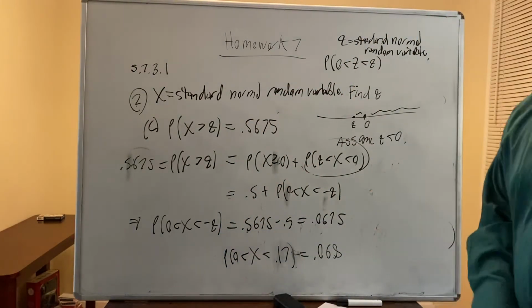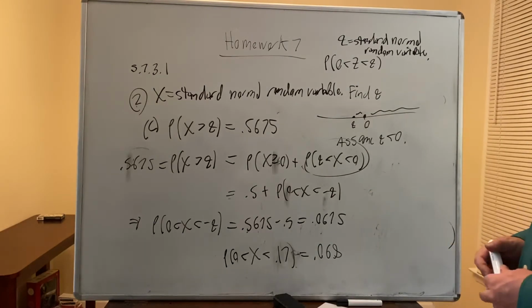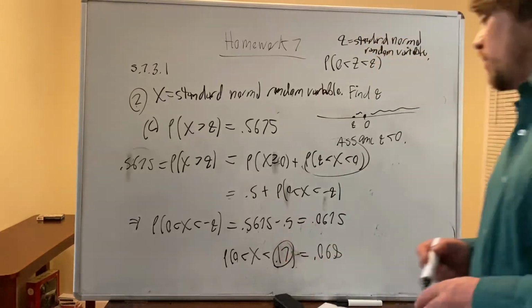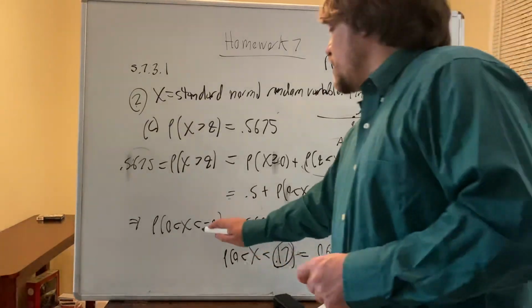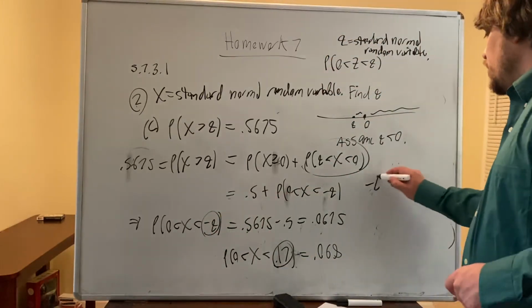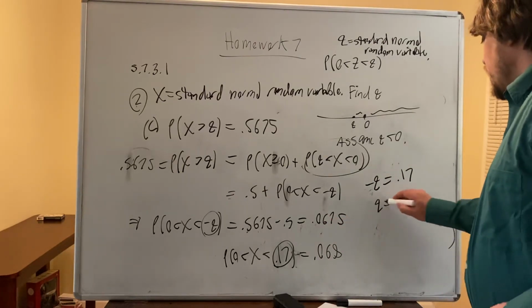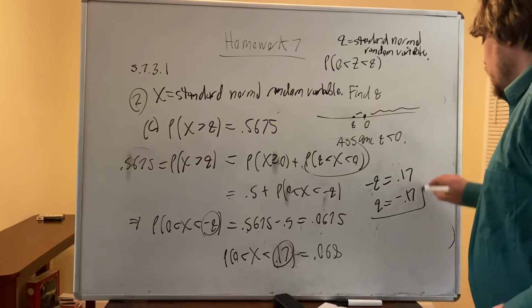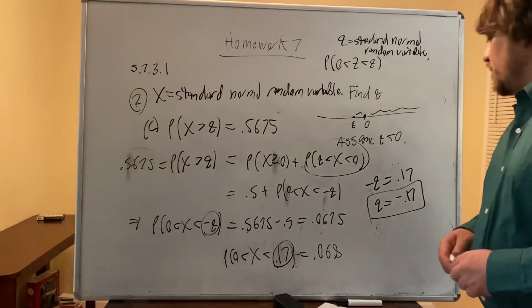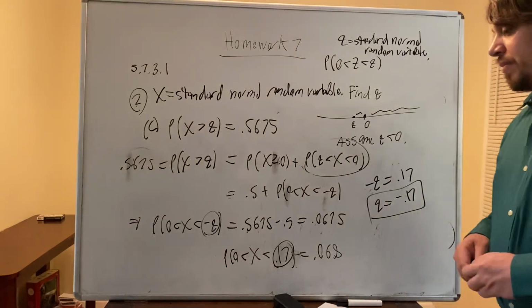Okay, that's very close to 0.0675, and so we're going to estimate and say that that number should be 0.17. So what should be 0.17? Negative z. So what we concluded is that negative z is 0.17. So that means z is equal to negative 0.17. And so that's the answer for part C. Z is negative 0.17. Okay?